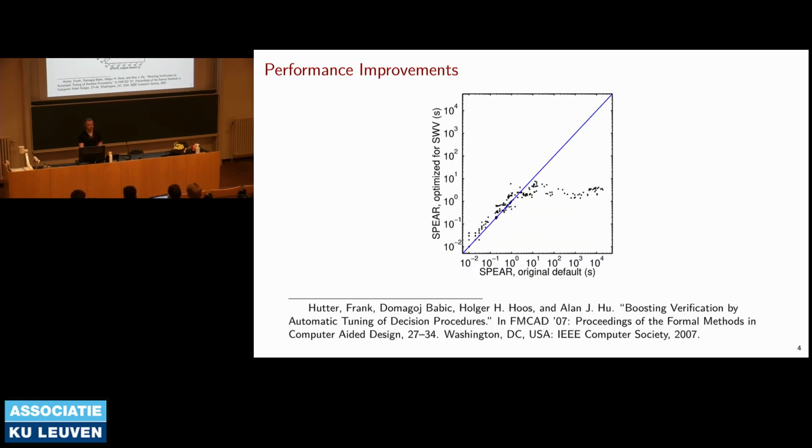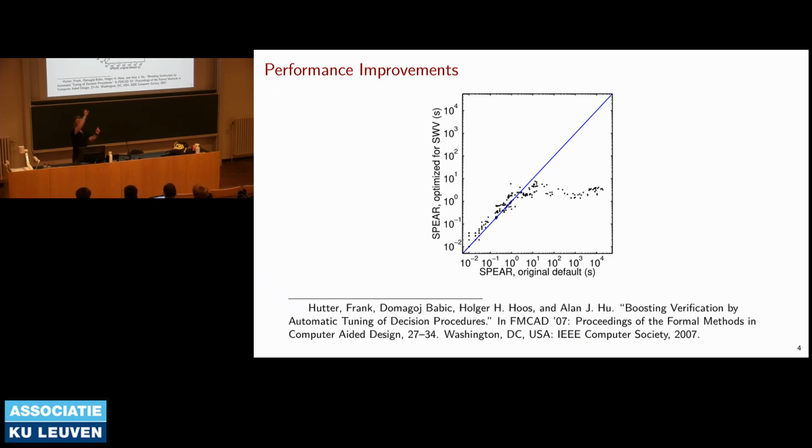Here's a similar picture where we now compare, for a SAT solver, for some work that was done even before 10 years ago, the default configuration, so you just run it out of the box without tweaking anything, to a configuration that is optimized for the particular set of instances that we're interested in here. And again, you can see that there are large performance differences.